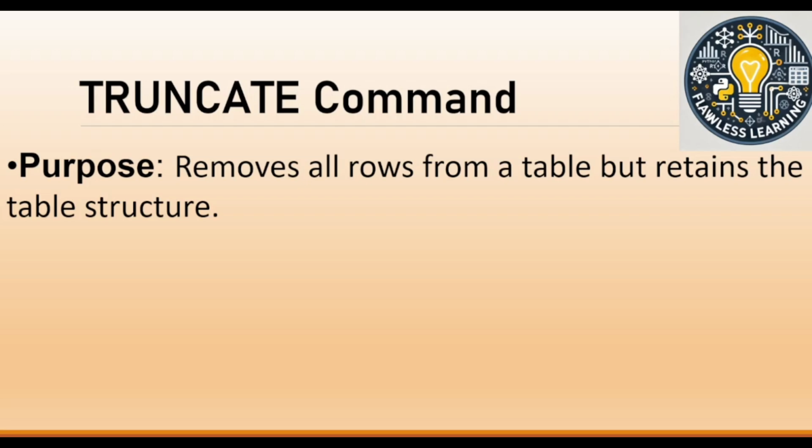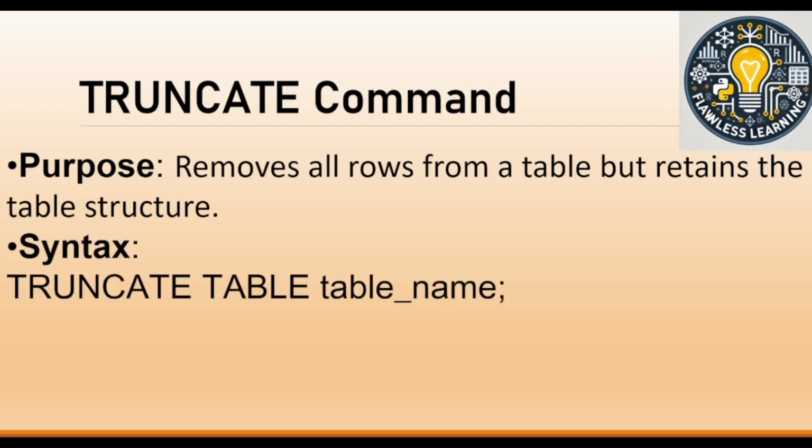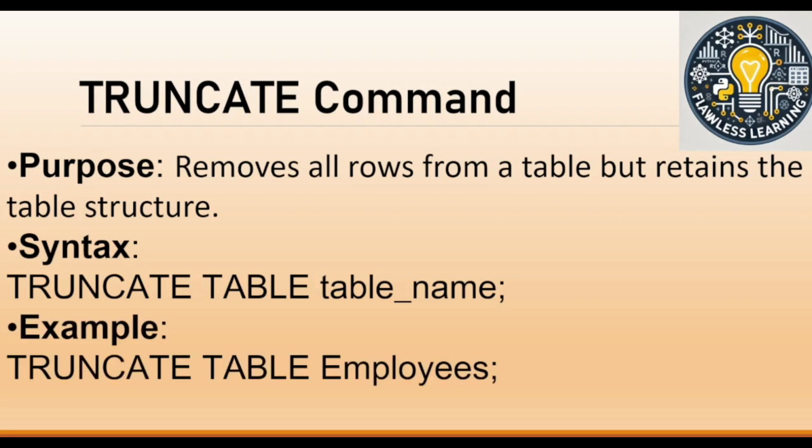We want to remove that record, but we want the table to stay intact, like the table structure: there is a table employees, and in the table there is employee ID, salary, name, this kind of thing. Then we use the truncate command, right? Now lastly, this is the syntax: truncate table, table name, and example, truncate table employees.